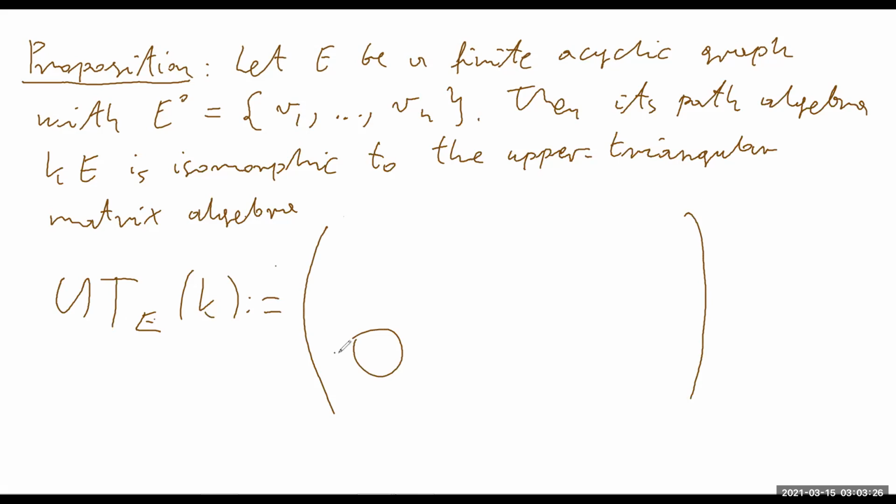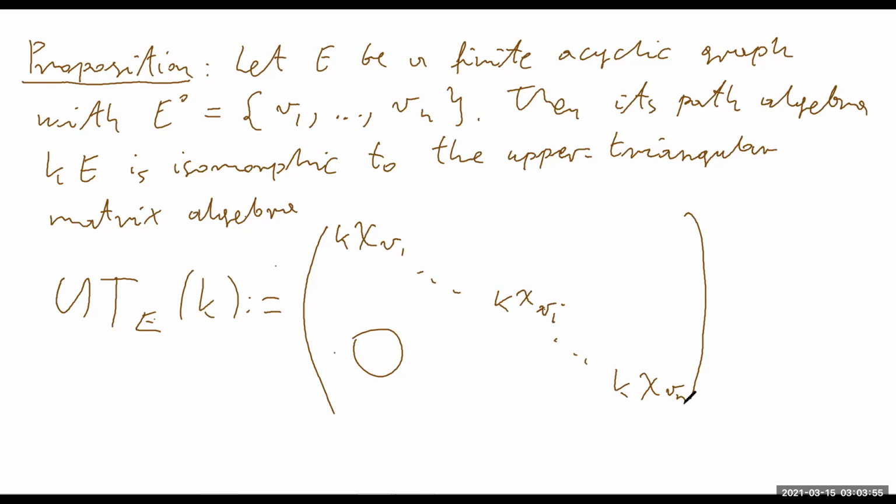On the diagonal, we just have fields, but they are spanned by these vertices. We have K chi v1 in the first row, some K chi vi here, and you end up with K chi vn here.